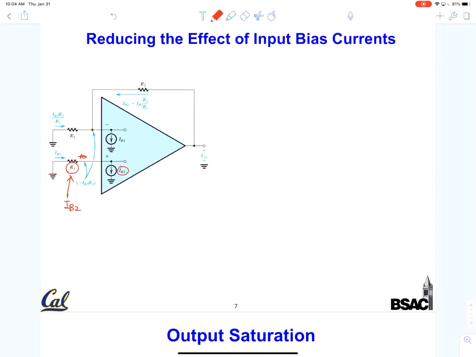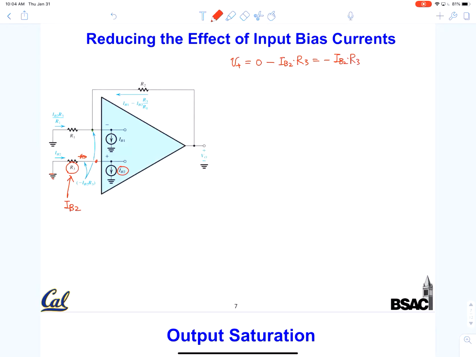All right. So the voltage V plus is not 0 anymore. Let me do V plus here. V plus is 0 minus IR drop, IB2 times R3. So in other words, it's minus IB2 times R3.